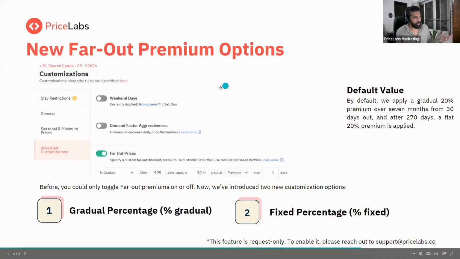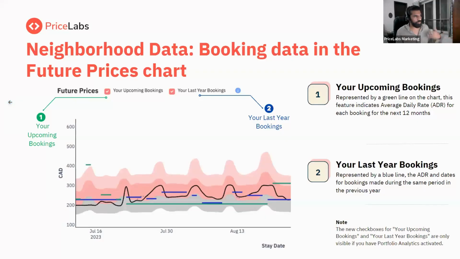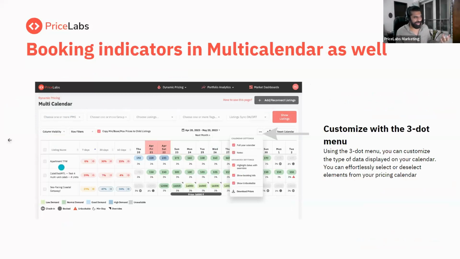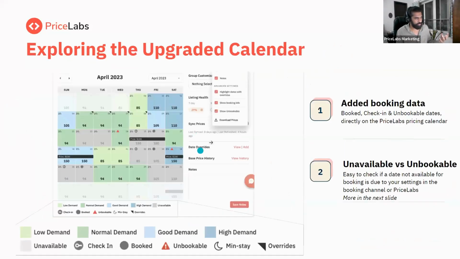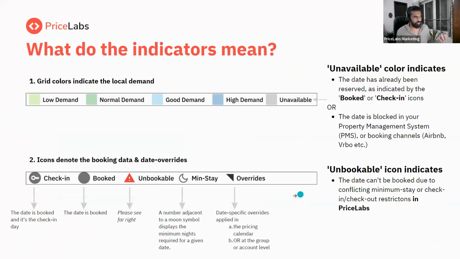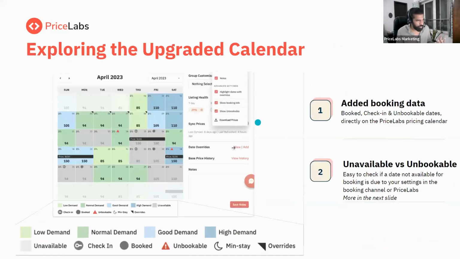Around new far out premium, or around the booking data in future prices chart, or booking indicators that are both on multi-calendar and on individual pricing calendar. And then finally, if you find them overwhelming, you can turn them off. If you have any feedback around this, please do let me know. If you're also sharing newer feedback for us, that will help us make the product better for you, right?